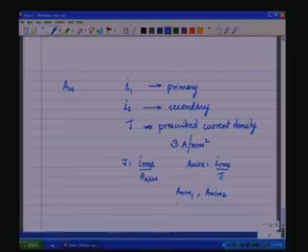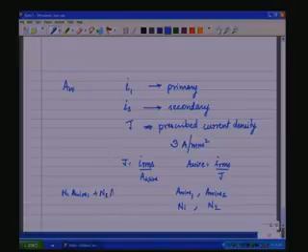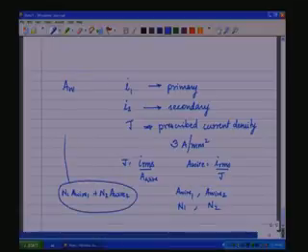Now, there are N1 windings for the primary wire and N2 windings for the secondary wire. So, N1 into its cross section area plus N2 into the wire's cross section area of the secondary, all these must fit into the available window area of the core.